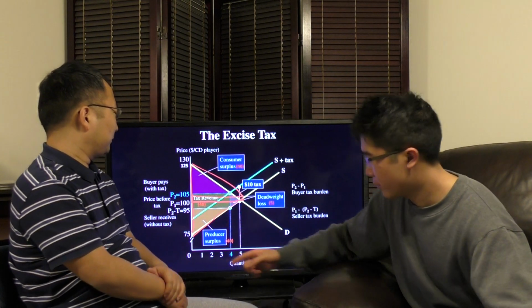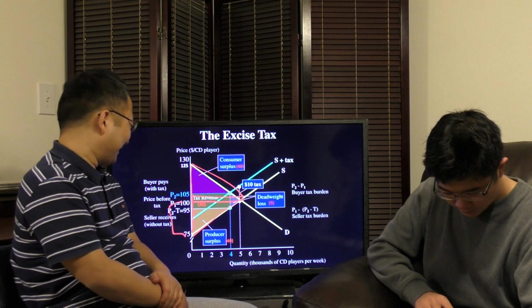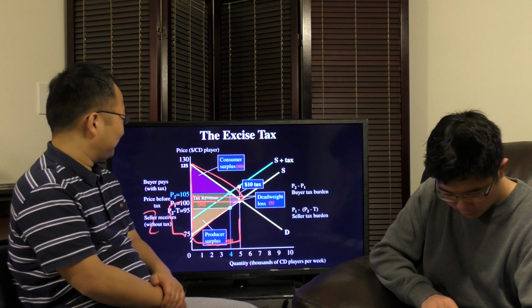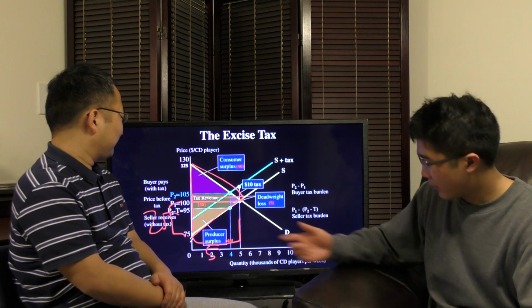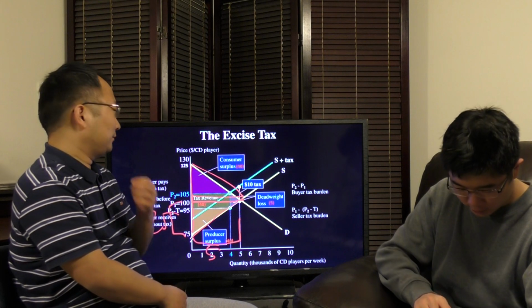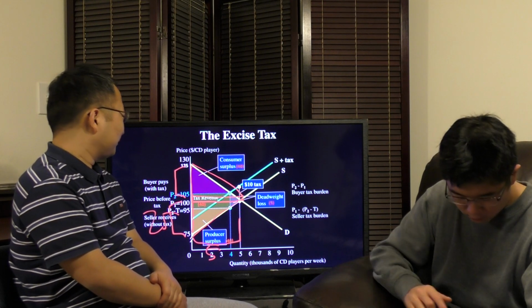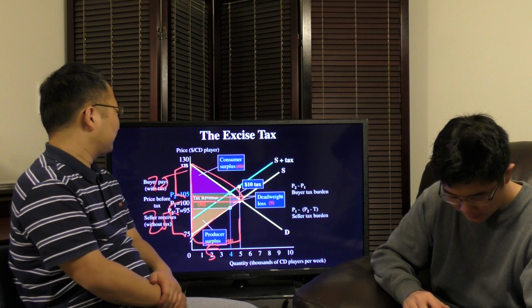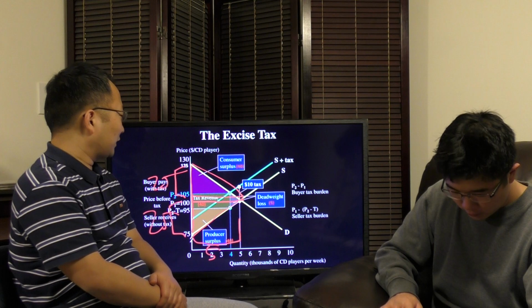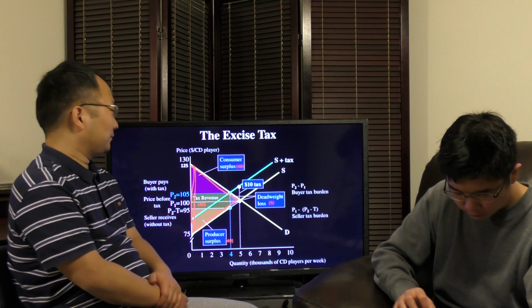So 100 minus 75 is the height, times the length, which is the amount sold in equilibrium, 5,000. This is 25 times 5, or 5,000, divided by 2 because it's a triangle. And on the consumer side, it's 125 minus 100, times 5 again. This one big triangle is the total surplus in the original market.